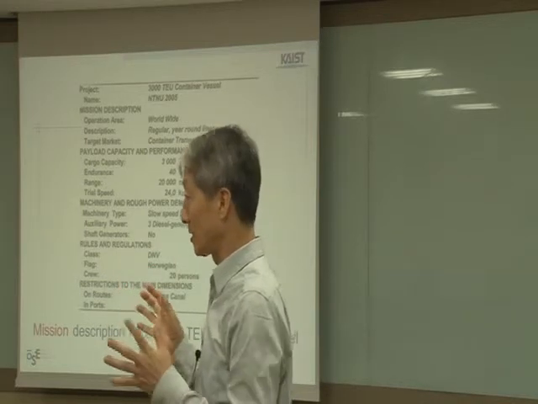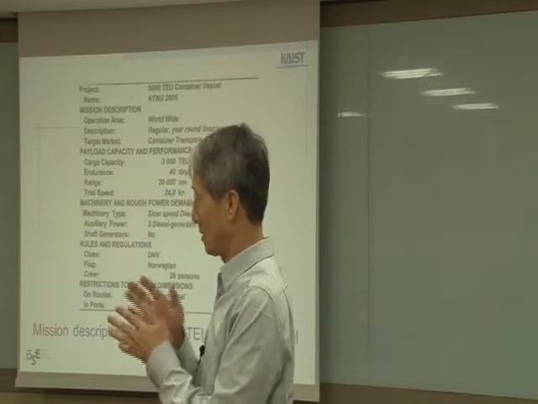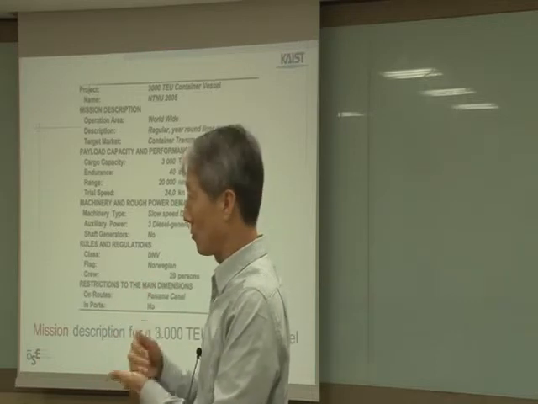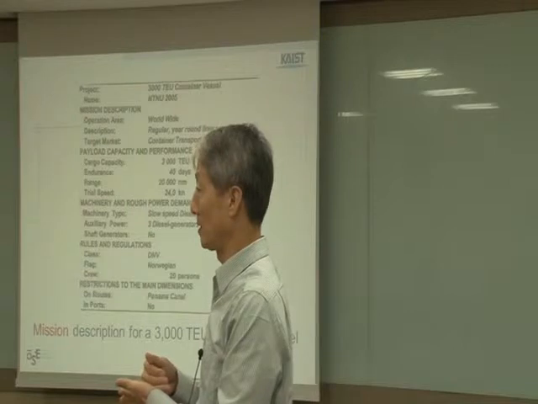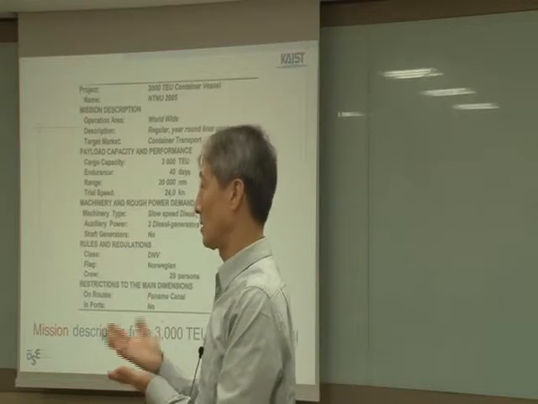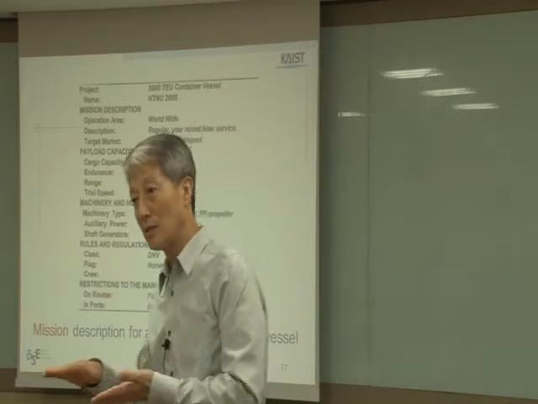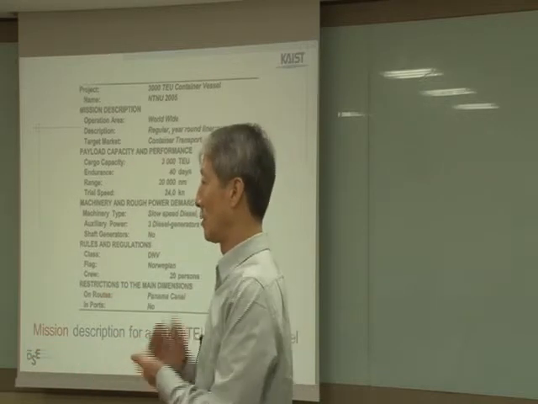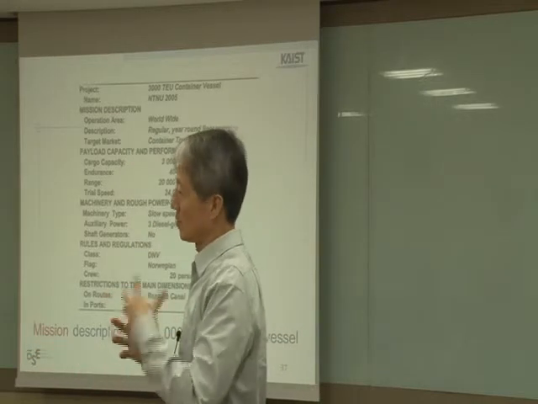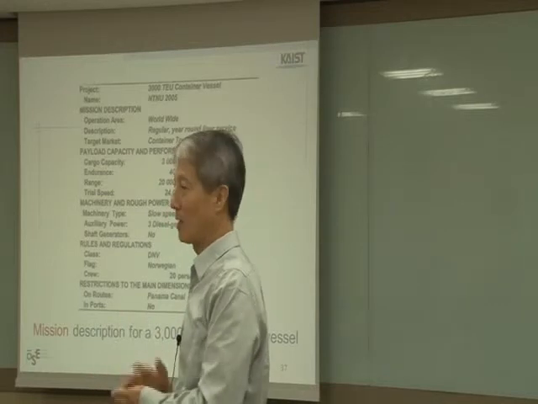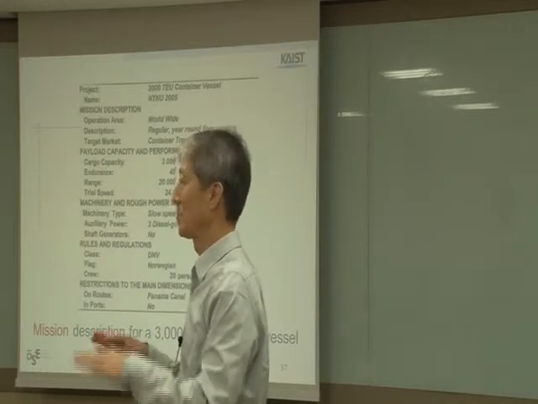So they should measure. In the contract there is a specification. How do we measure this speed? So whether this is good or not. If the speed is not enough, then the builder should reconstruct or can have a penalty, depending on the situation.